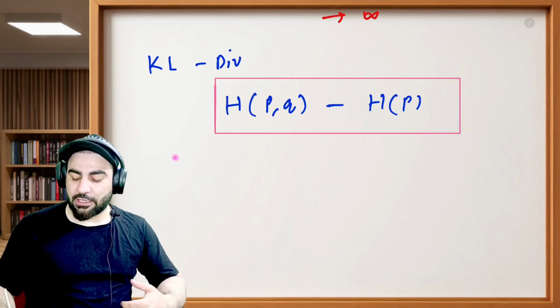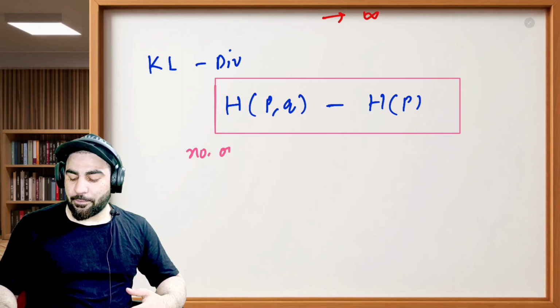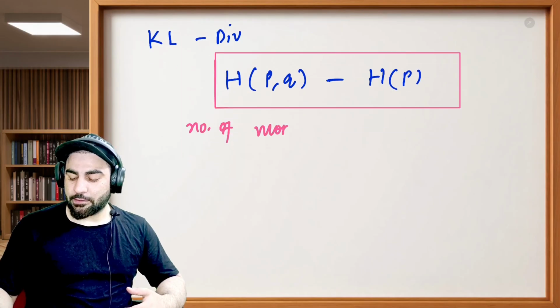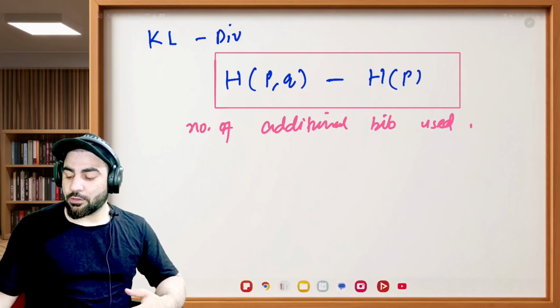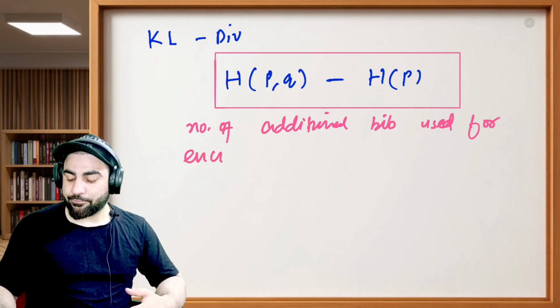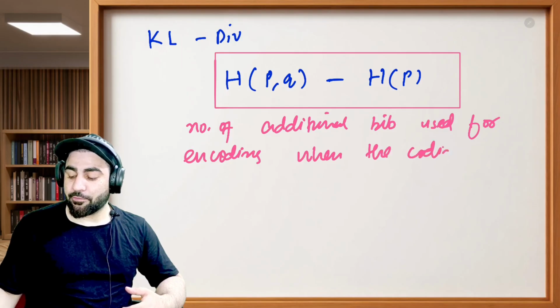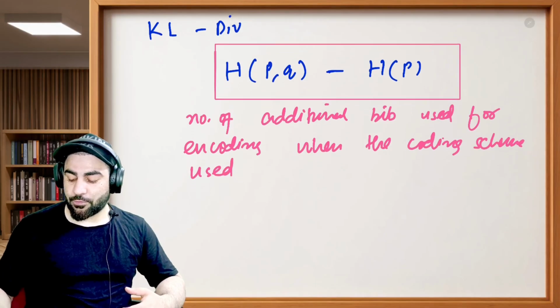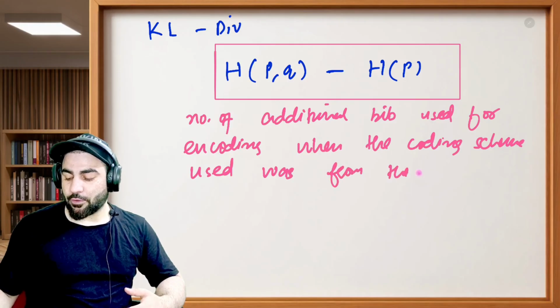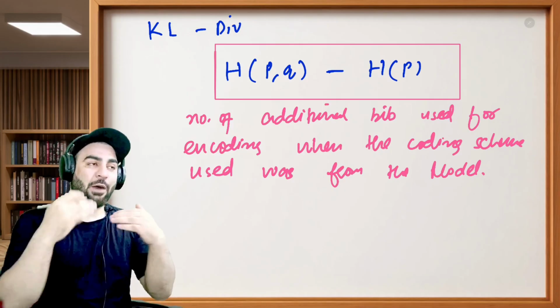So this is basically telling you the number of additional bits used for encoding when the coding scheme used was from the model. So this is what you should remember. That's how these two things are related.